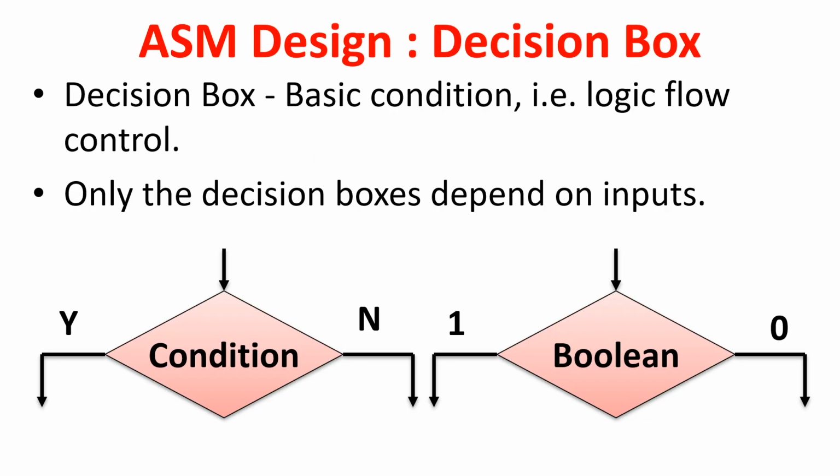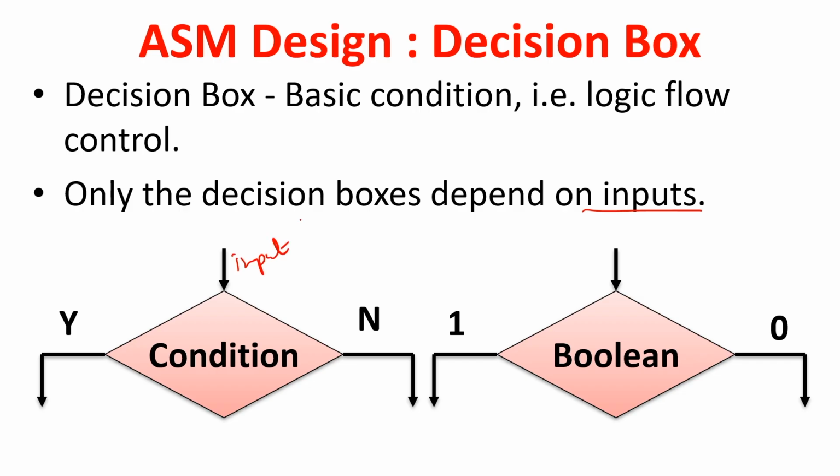This is the decision box, the second type of box. A decision box conditions the logic flow control, similar to what we do in a flow chart. The decision box depends only on inputs, which may be internally generated or externally generated.